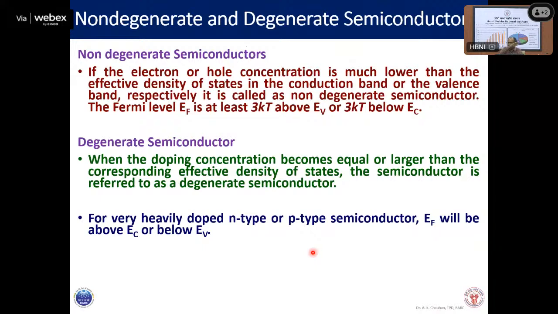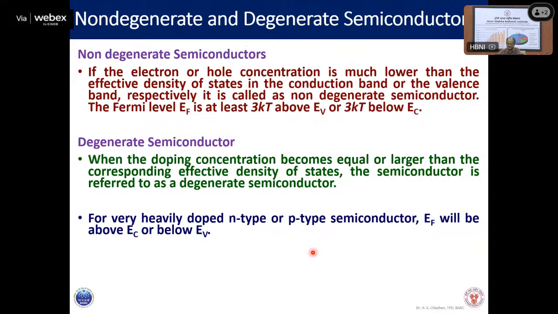It will become almost a continuum, and the bands will shift. When the entire thing is filled with a lot of electrons, the conduction band shifts a little bit, and then the Fermi level will obviously lie inside the conduction band.